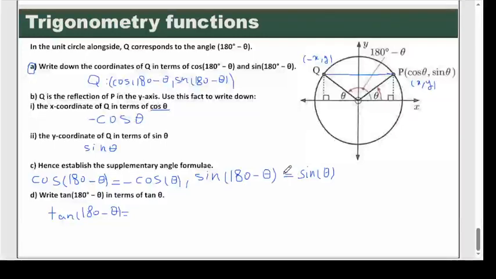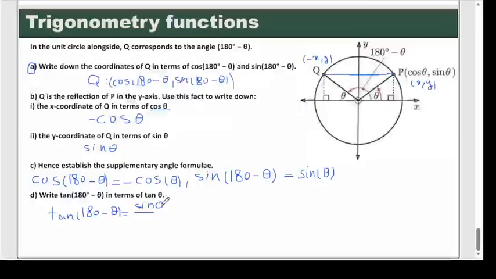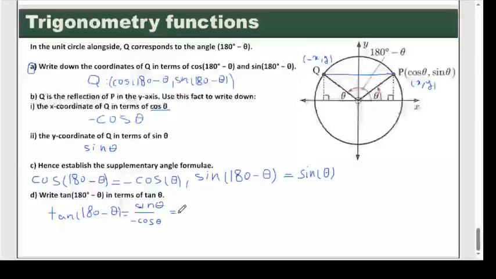We say sine 180 minus theta gives me sine theta, and cosine 180 minus theta gives me negative cosine theta, which is the negative tangent of theta.